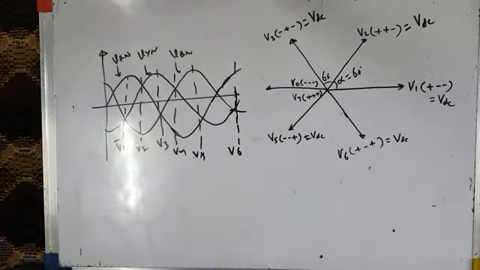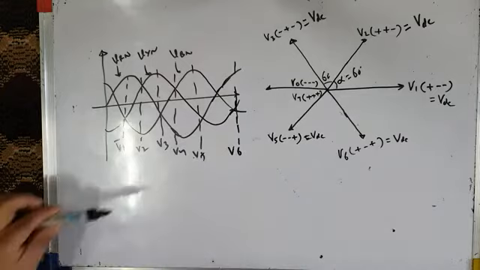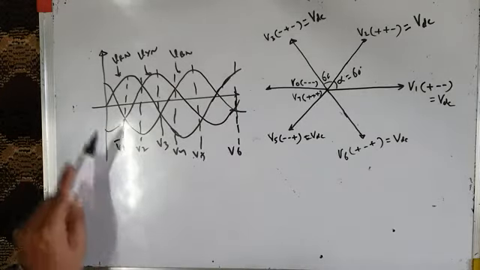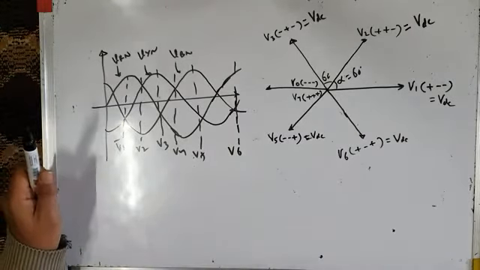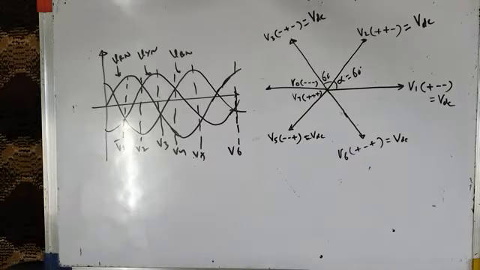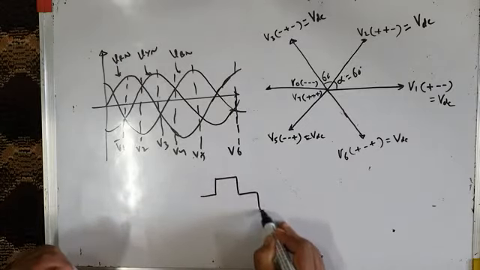These voltage vectors represent 6-step voltages. They are not sinusoidal voltages, because this V1 is there for a 60-degree interval, and it represents 6-step voltages across the load. Similarly, V2, V3.